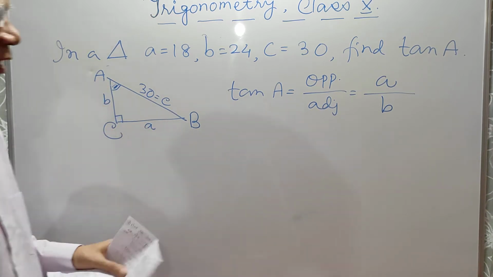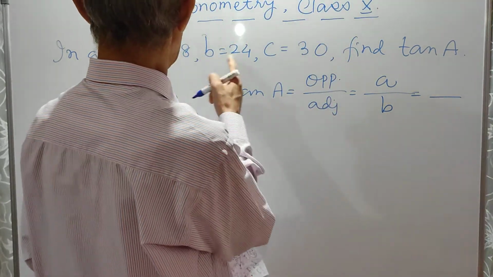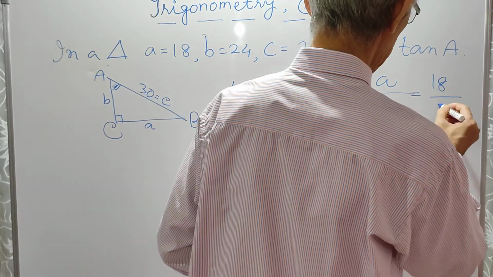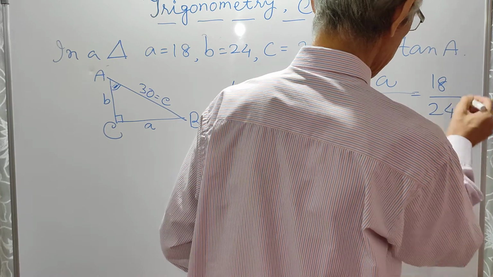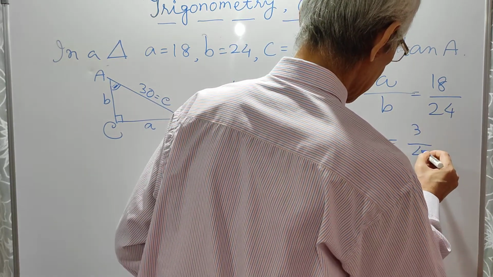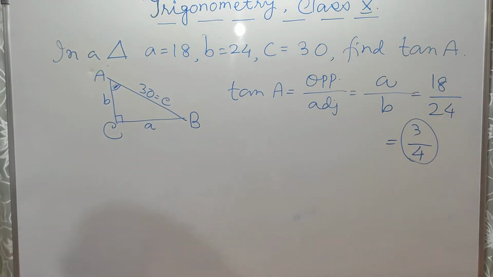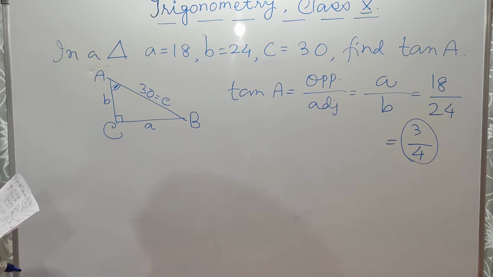So a by b. Now just put the value. What is a? 18, and b is 24. Now cancelling, what we get? 3 by 4. This is the answer. So 3 by 4 is the answer. All right.